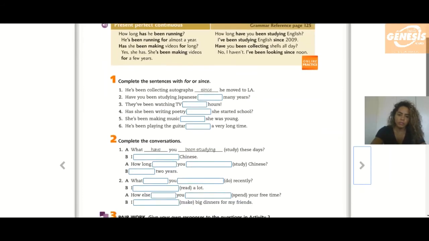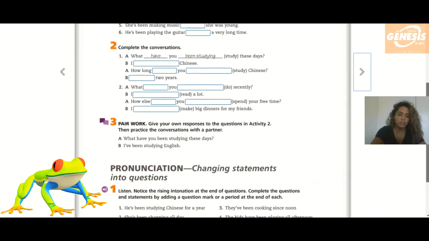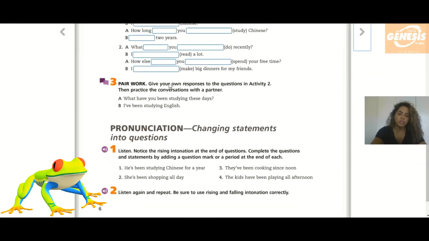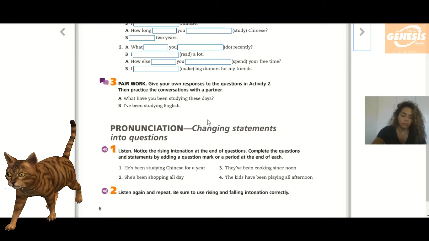And you are going to complete the sentences. If you have any doubt, you just look for me in the Google class. All right? Here is an oral exercise, a pair work. You can do it with your mates, or with some friends, or with me if you choose, or with somebody that lives with you.